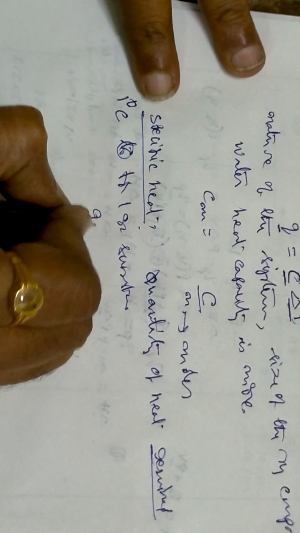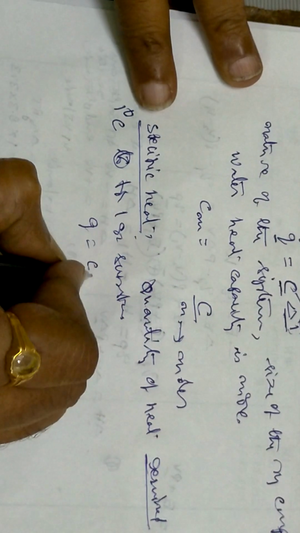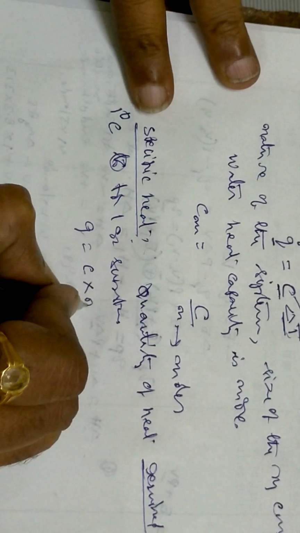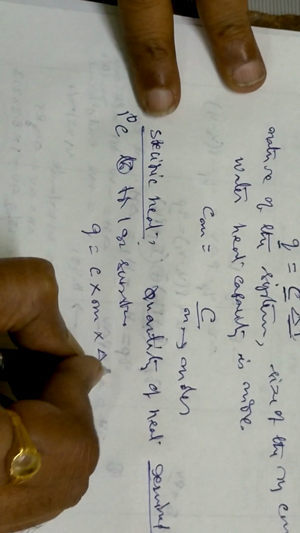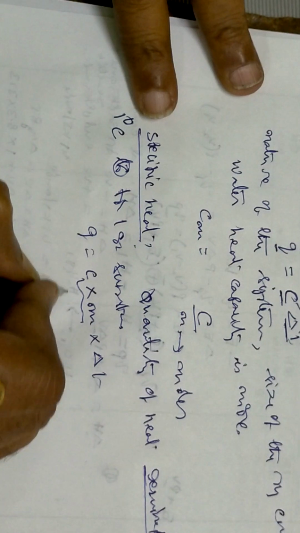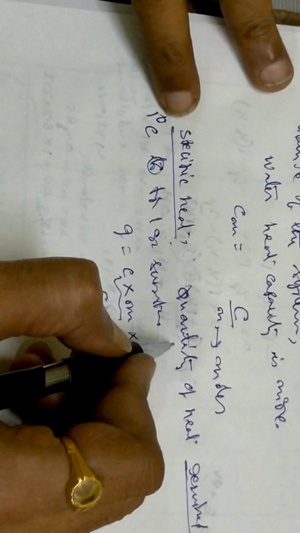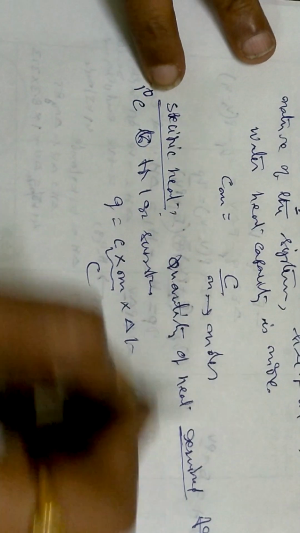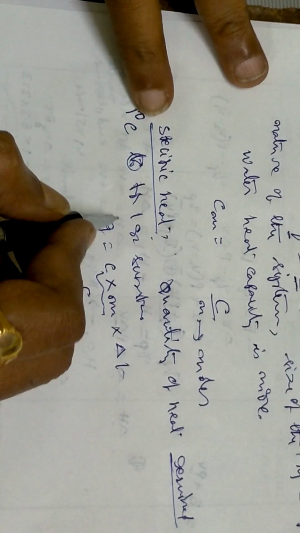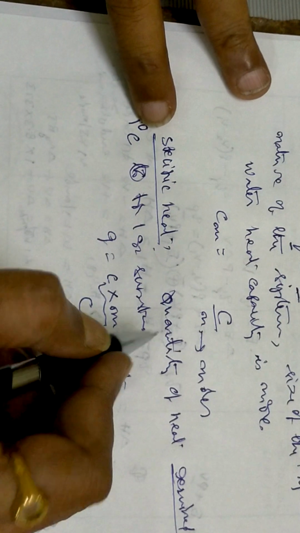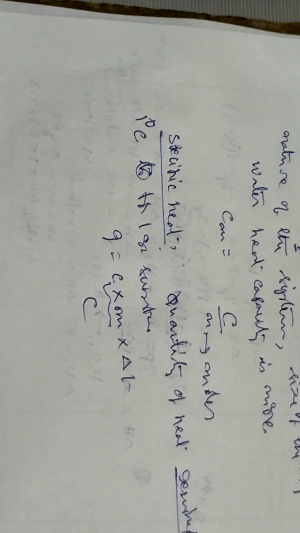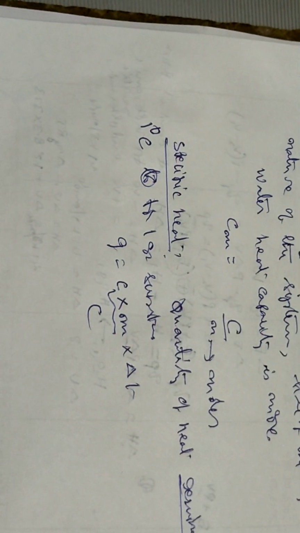That is, Q is small c into m, mass, into delta T, which is nothing but big C delta T. So specific heat is the quantity of heat required to raise 1 gram of substance by 1 degree centigrade.